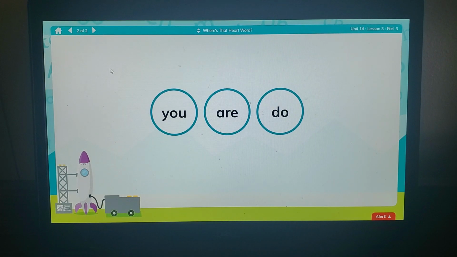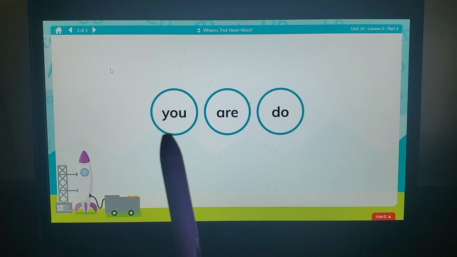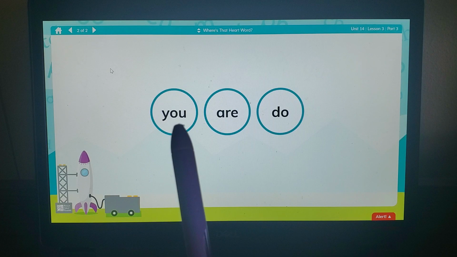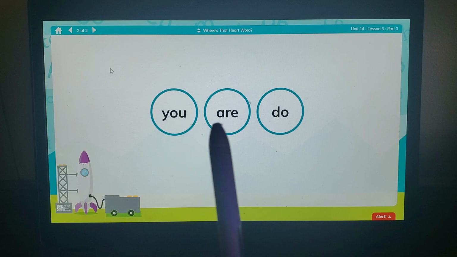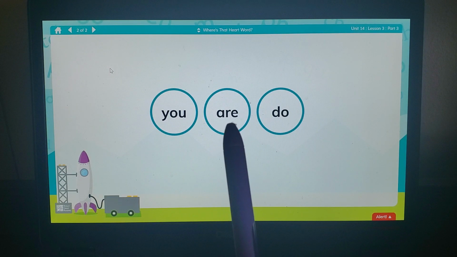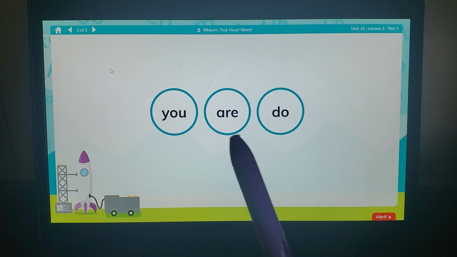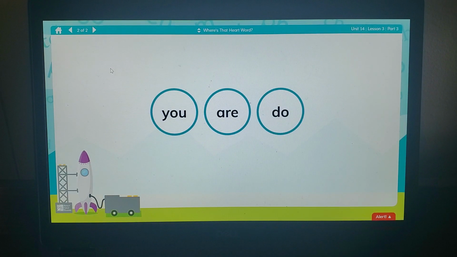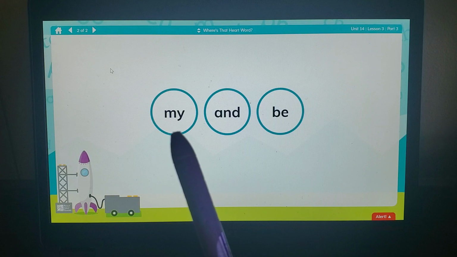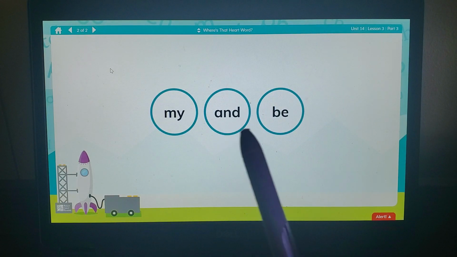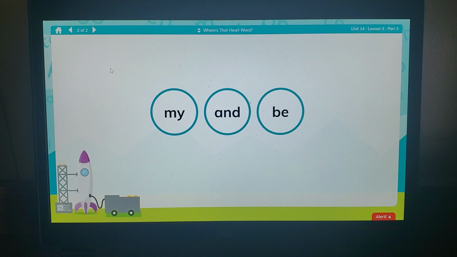So families, that's one thing to pay attention to when I am asking which word is next. They're always starting at the beginning of the row, and whichever word is next in line is what they'll ask. So you have you, are, do. Our next three words: my, and, be.